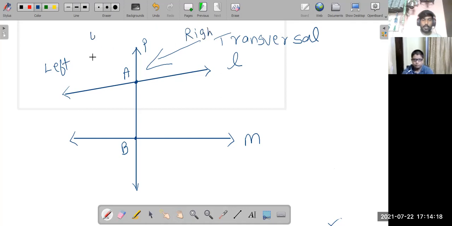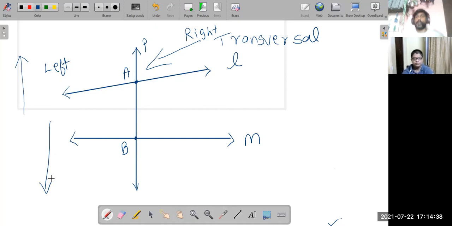When I say side, it means either left side or right side. When I say direction, it is either facing upwards or facing downwards.